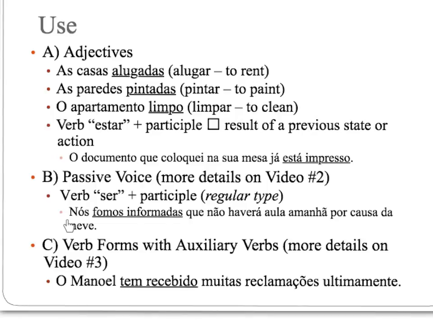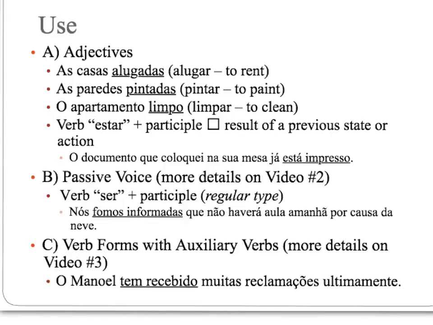So in this case, nós, I can know for sure that these we here are all women because I'm using informadas, okay? If it was one woman and two men, then it would be nós fomos informados, okay? So for situations A and B, the participle always agrees with the noun or the people that it modifies.